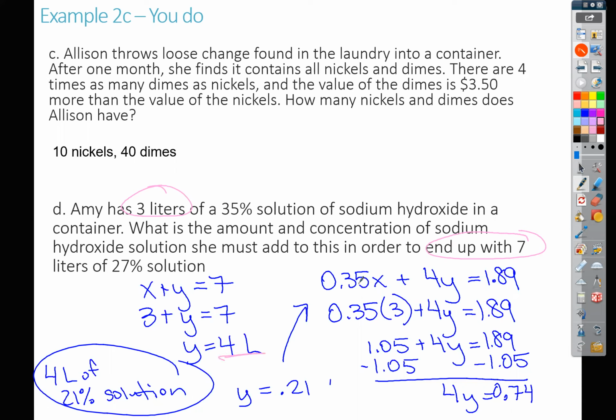And then I just substituted with what we knew, so 0.35 times 3 liters, plus 4 liters of an unknown percent solution equals 1.89. And how I got that, I did 7 times 0.27. When I worked it out, I got 0.21, which is 21%.